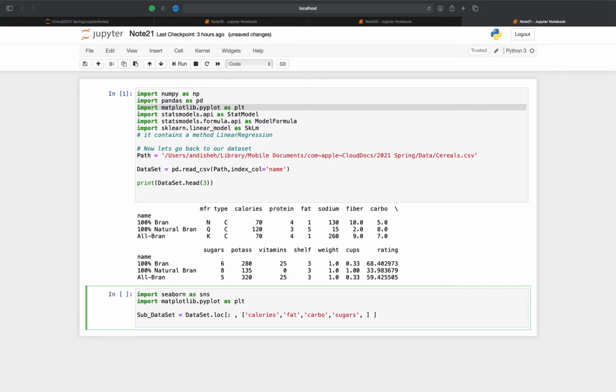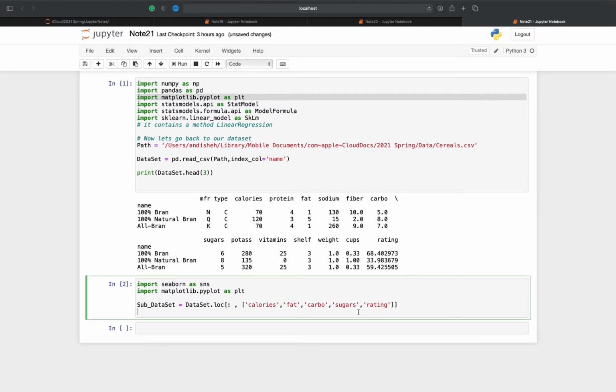And what else? Is this enough? Oh, rating. Last time we saw the different groups of rating that we created had an effect on calories. Okay, so I'm creating a sub data set like this of 1, 2, 3, 4, 5 columns of the data set.